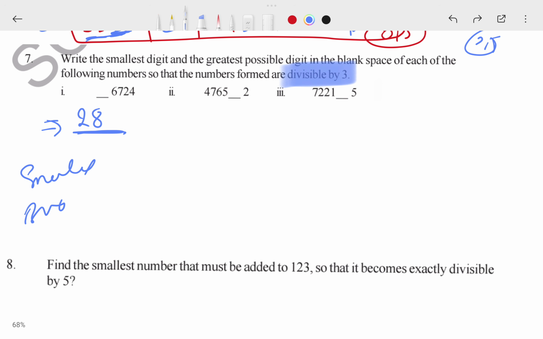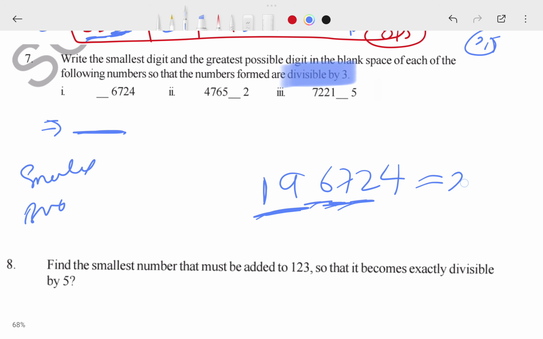Any one number you can write. If you write 1 and 6 2 4, then you can add: this is 10 plus 6, 16, 16 plus 4, that's 20, 22, 24, 28. So if you add, this is 28.